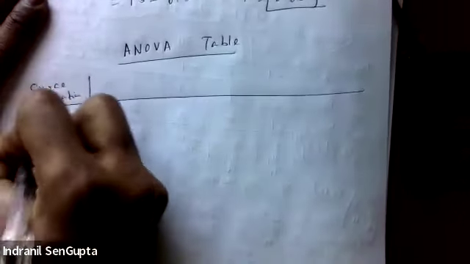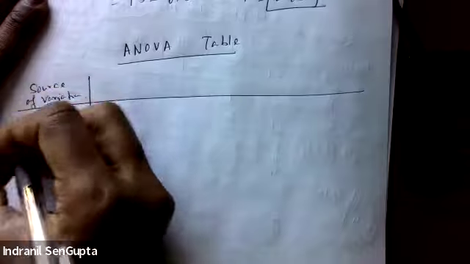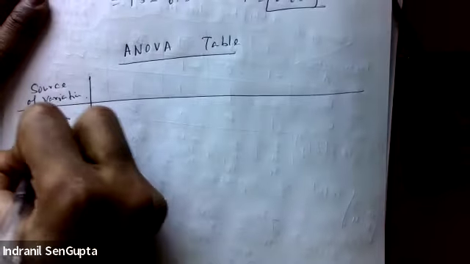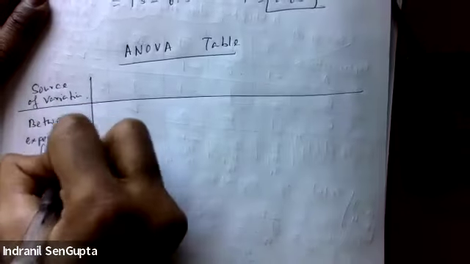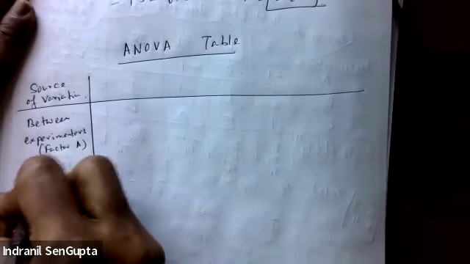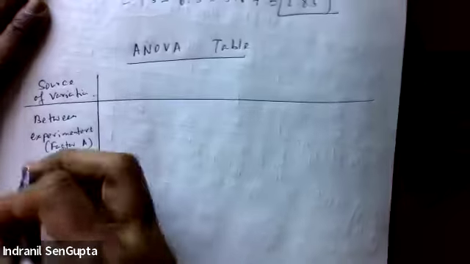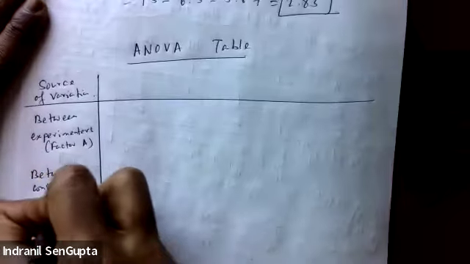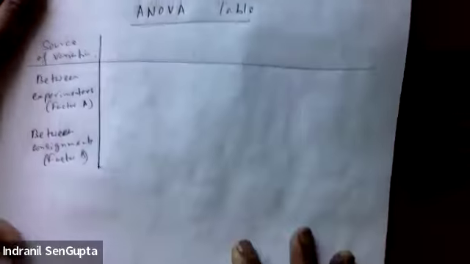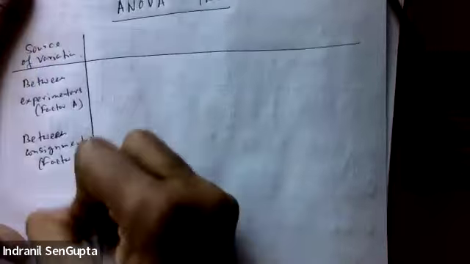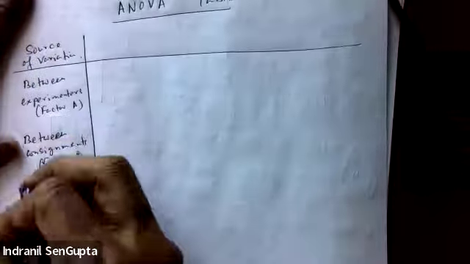So here it's between the experimenters, that is the factor A, or it can be between the consignments, that is the factor B. So two different sources of variation, and then the final one is the error. Simply error. That is the SSE thing.